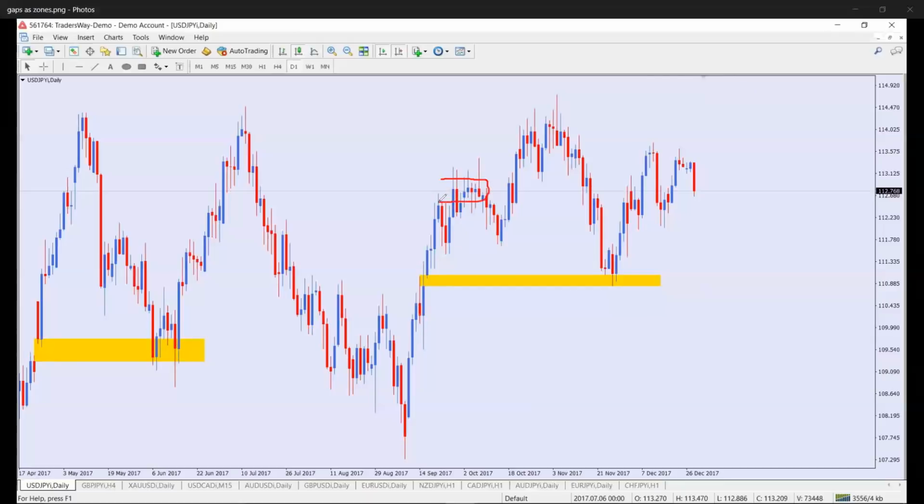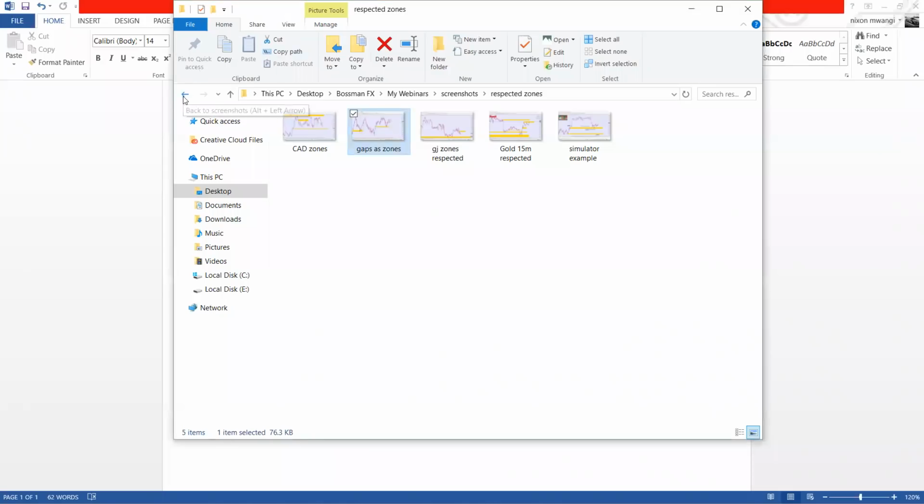We'd say this is a zone in itself, and that's what Forex 6 God calls the box and chill. Okay, let me show you an example of the box and chill. And also, right before I show you the box and chill, I'll show you respected zones. I took a couple of screenshots to show you how zones should be respected, the candle close and all that stuff.